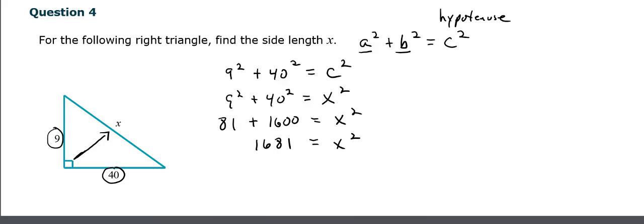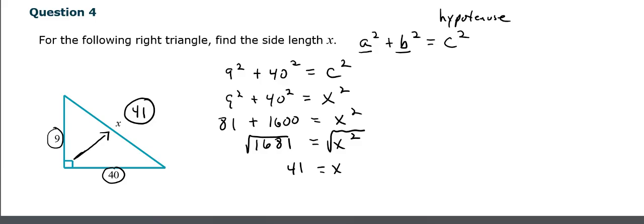Now we're solving for x and not x squared, so we're going to take the square root of both sides. The square root of x squared is just x, and the square root of 1681 is 41. So the length of our longer side is going to be 41.